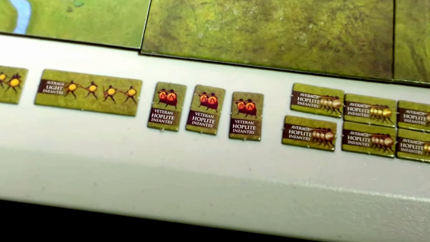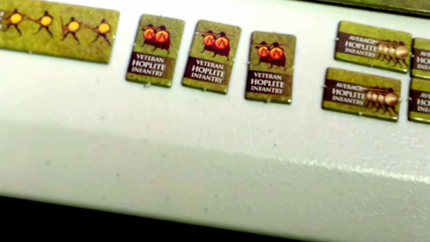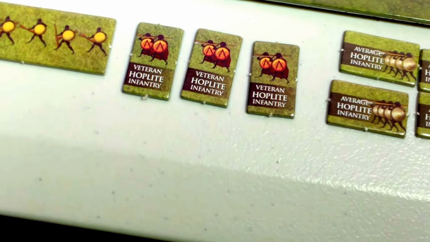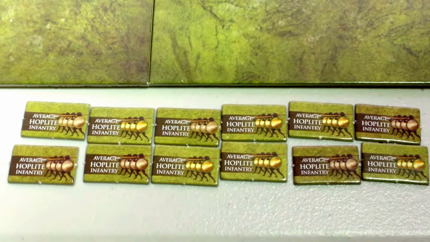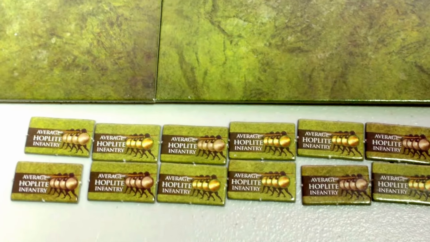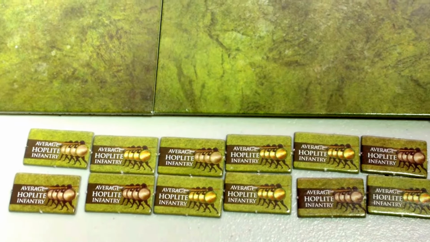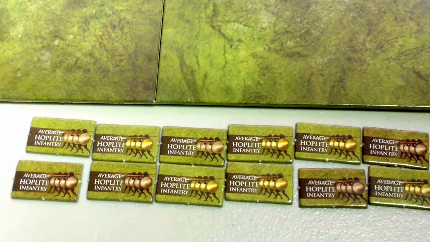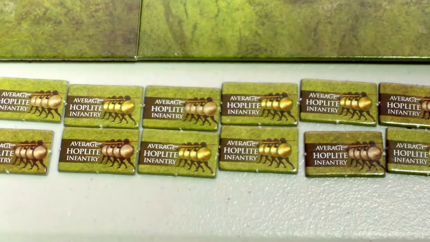Looking to our undeployed, we have 3 veteran hoplite infantry units, and they are Spartan and 1 Tegean. Making up the bulk of the rest of the Greek city-states army are 13 average hoplites, and they comprise 3 Athenian units, 2 Lacedaemonian, 2 Corinthian, 1 Siconian and 1 Megarian, and 4 allied average hoplite infantry units.